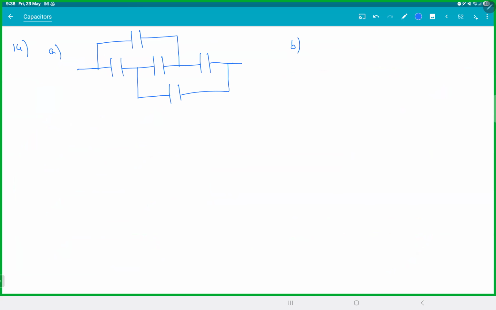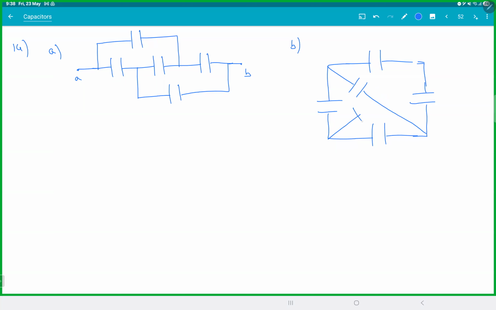Find CAB. Look at this in the middle. They're not touching, just jumping over that wire and going.